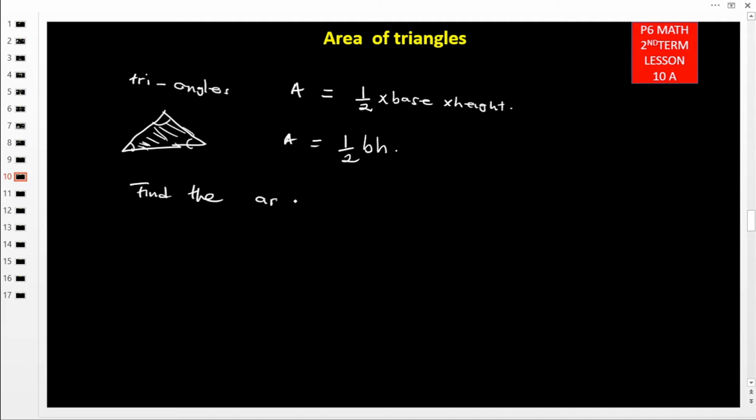Find the area of a triangle XYZ. When you are given this question, you have to note these letters. Let me draw our triangle clearly. Here is our triangle, just like this one.